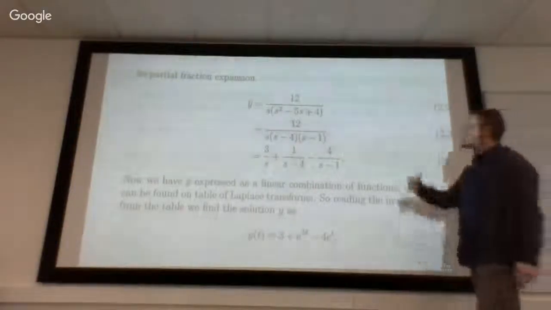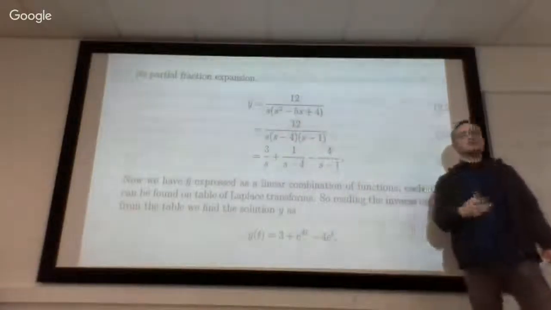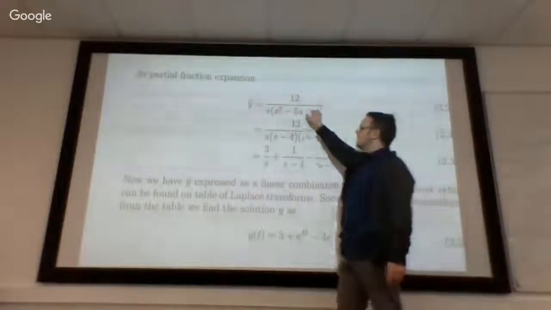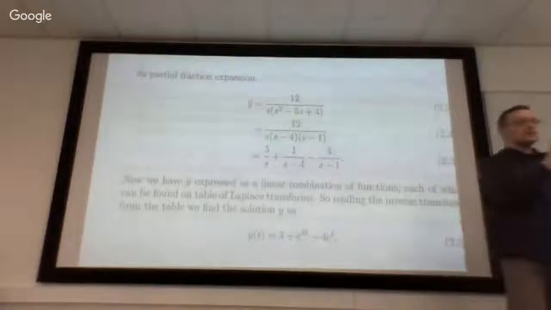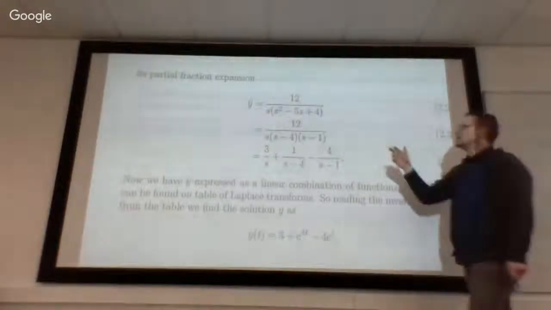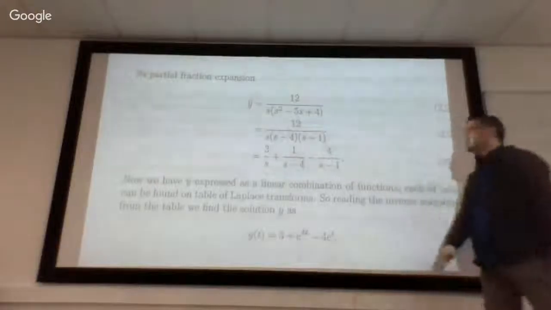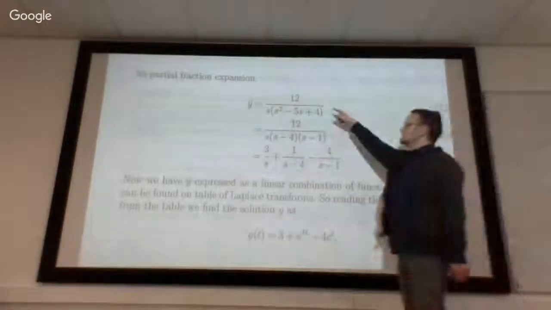So we need to do some preparation of this before we can actually read off what the inverse transform is. The preparation here involves converting this single rational function into a linear combination of simpler ones, simpler meaning the degree of the denominator is smaller. In other words, that's the partial fraction expansion of this rational function.